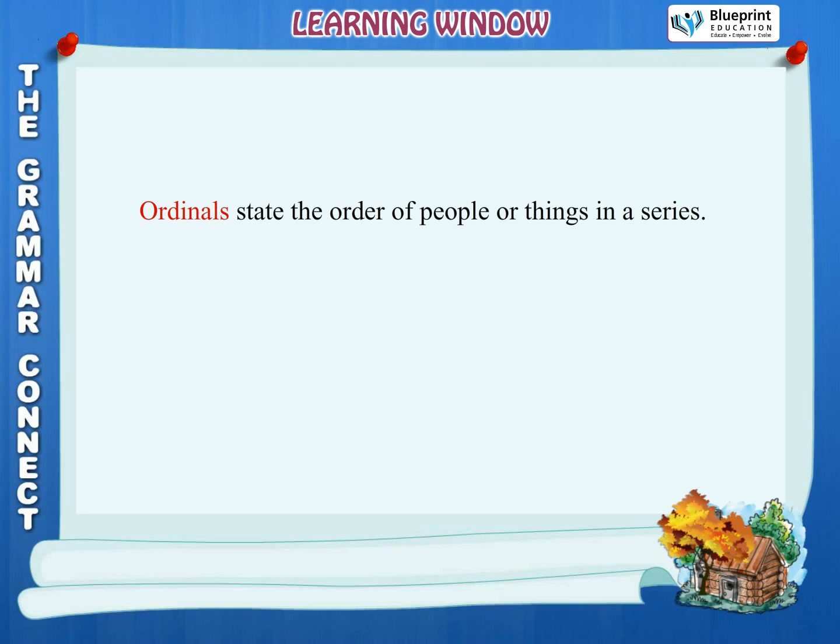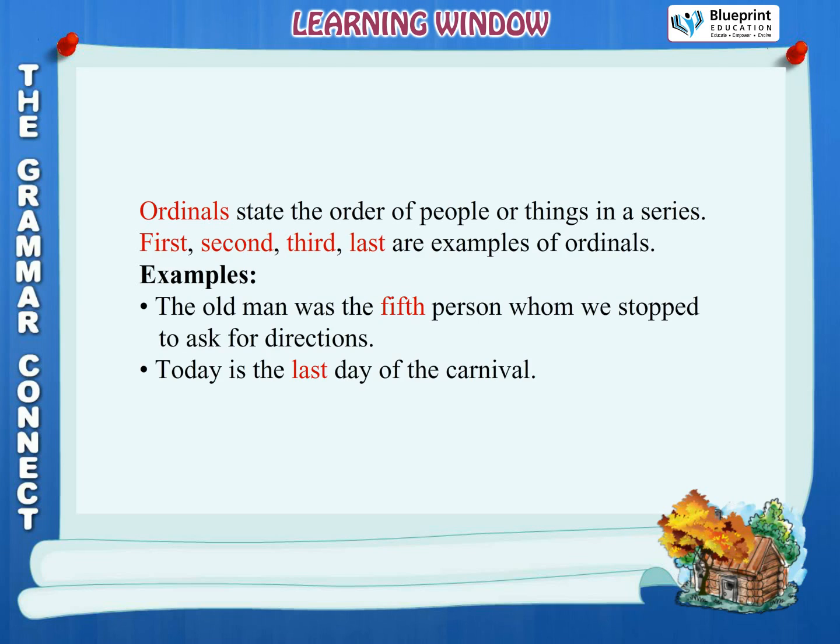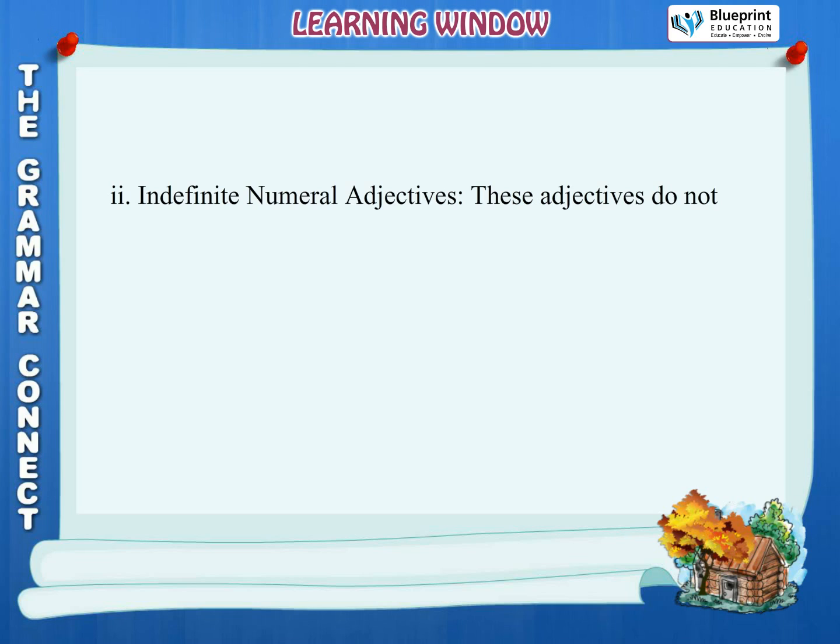Ordinals state the order of people or things in a series. First, second, third, last are examples of ordinals. Examples: The old man was the 5th person whom we stopped to ask for directions. Today is the last day of the carnival. 2. Indefinite numeral adjectives.